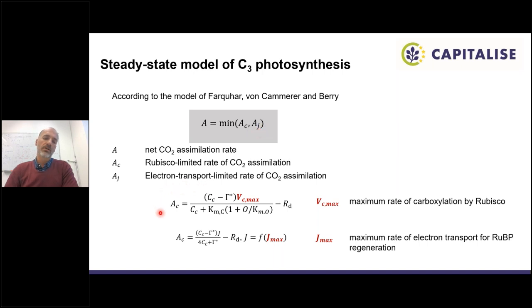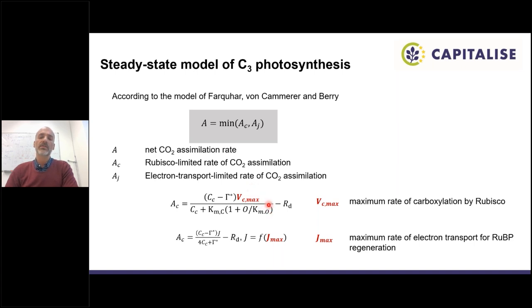If we now go through the mathematical descriptions that have been proposed for the two different rates of carbon dioxide assimilation, we will realize that these depend on several parameters which are fixed for a genotype, and things that may vary across the genotypes and are determined by the turnover number of the respective enzymes, as well as the abundance of the active enzyme.